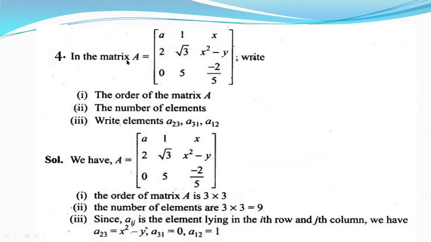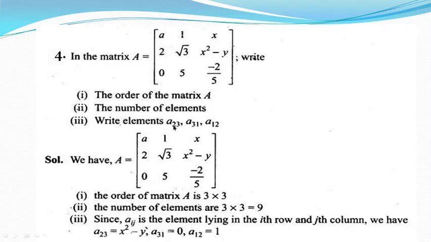Fourth question, in the matrix A, a 3 by 3 square matrix is given and we have to find the order of the matrix. So what is the order? Order is 3 by 3. The number of elements means 9. We can count it. This is very simple.